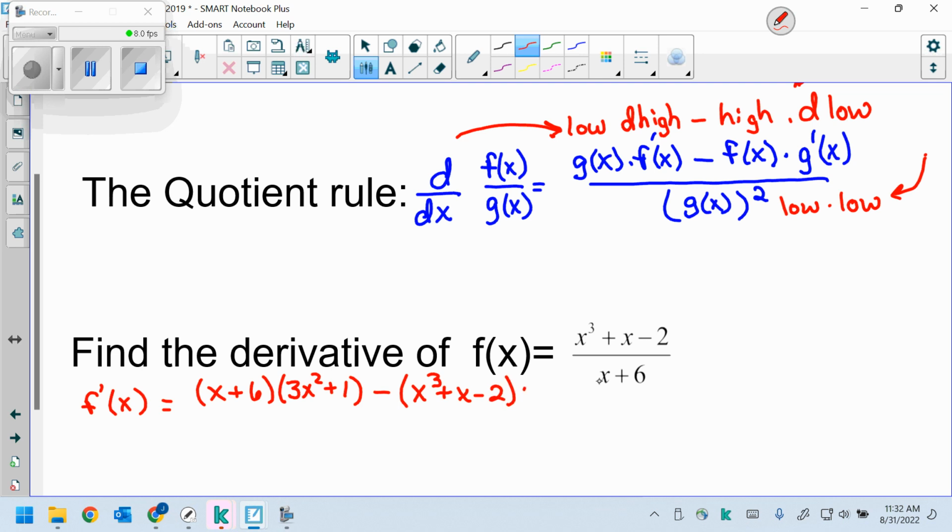Well, what's the derivative of x? What's the derivative of x to the first? That would be 1 times x to the 0, which is just 1. Don't even have to write it. Over low low.